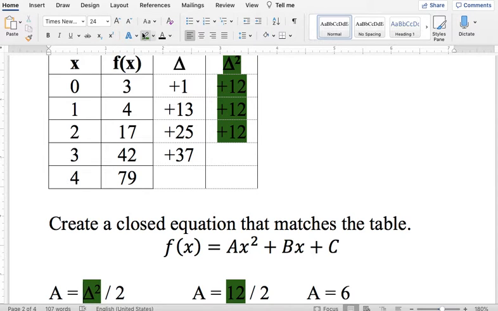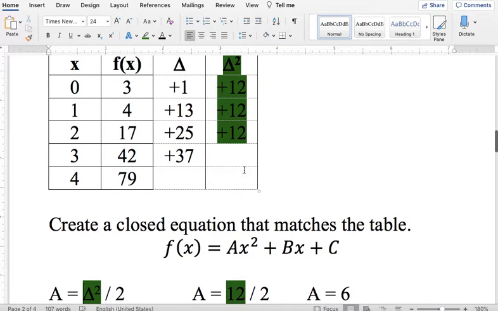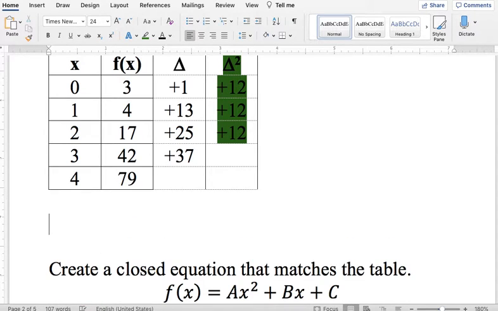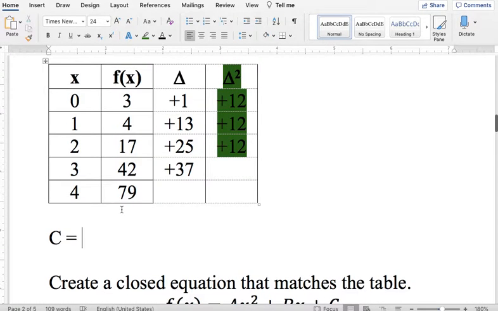All right. Now that you have your a value, let's find our c value. Your c value is equal to your y when x is equal to 0.